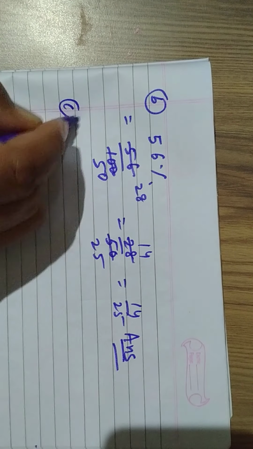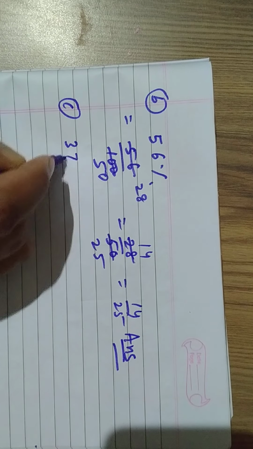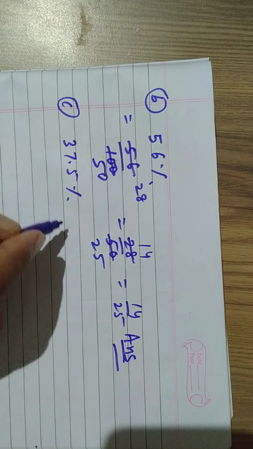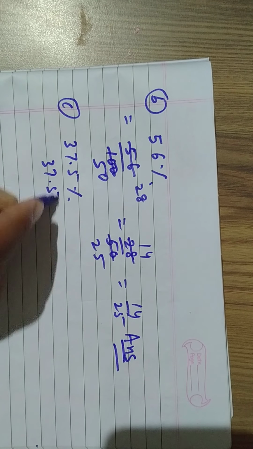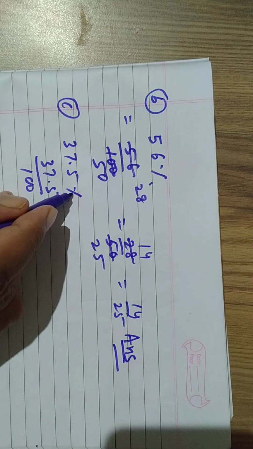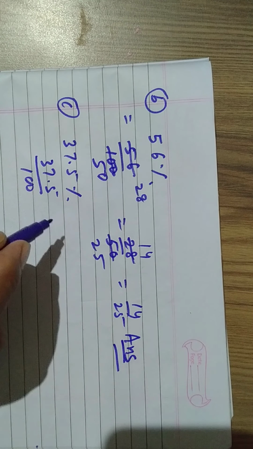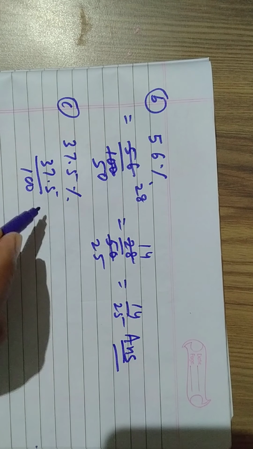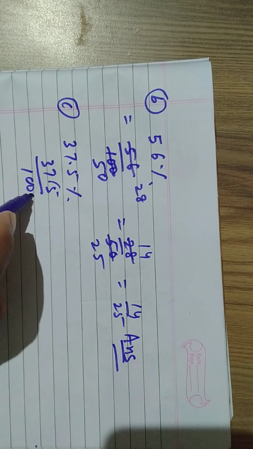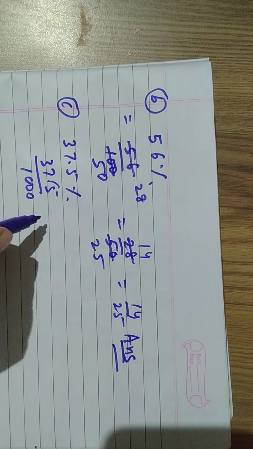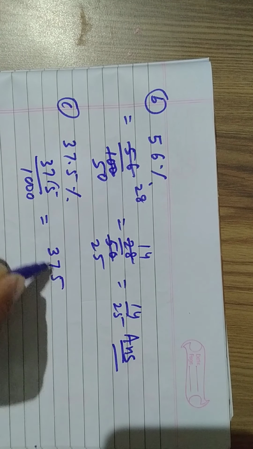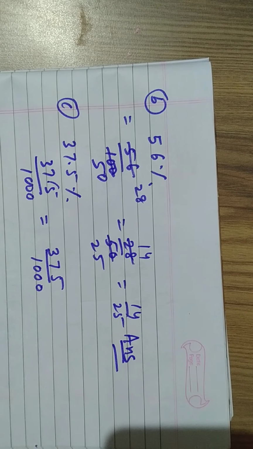सी नंबर एक डेसिमल वाला बताते हैं, 37.5%। तो 37.5 by 100, remove percentage sign and put 100. Now the question is how to solve: remove the point and put 0 as a denominator here. Next step, 375 by 1000 we write clearly.